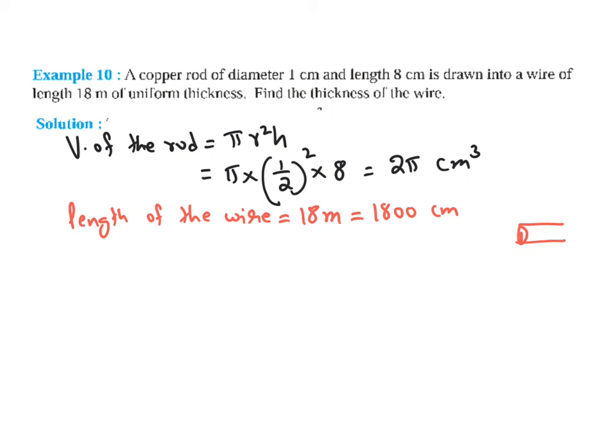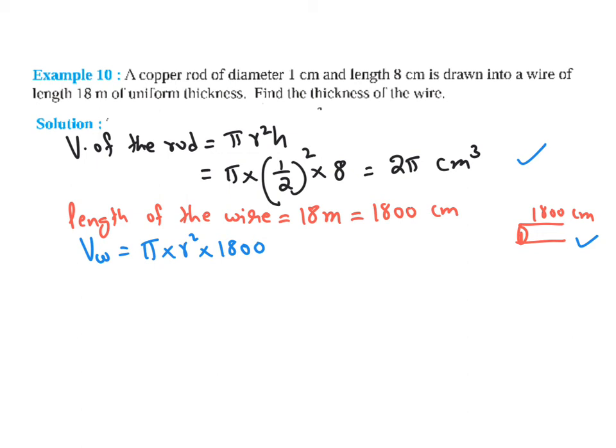So the volume of that wire is going to be pi r squared h, and the height is 1800 centimeters. And the two volumes are going to be the same.